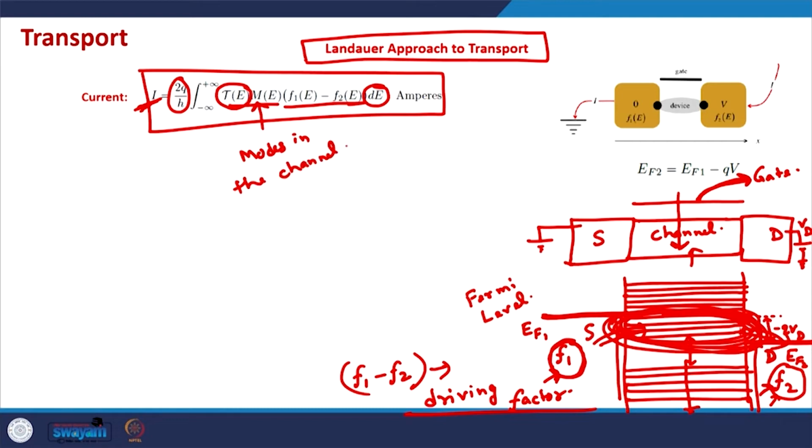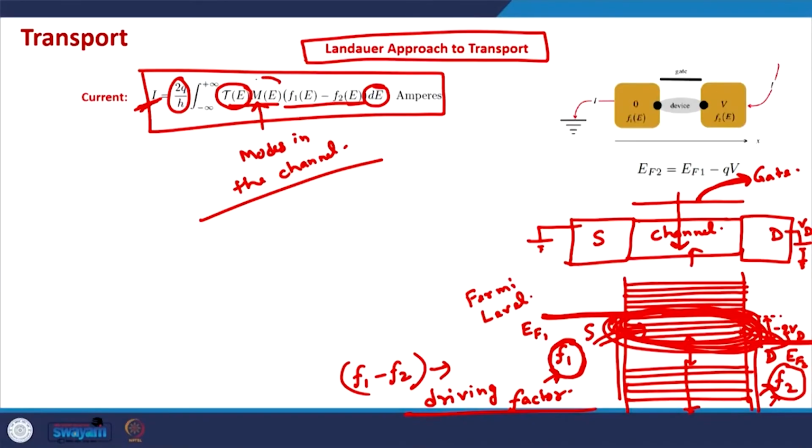If you recall from our discussion on the general model of transport, modes are like conduction pathways in the channel. They are like lanes in the channel through which electrons travel. So it depends on the number of lanes in the channel times the difference in the Fermi functions, and this becomes the driving force actually.